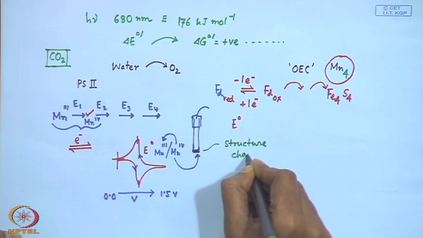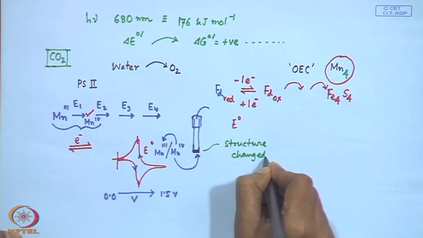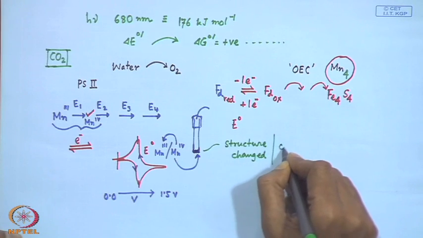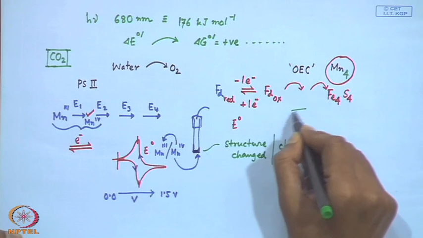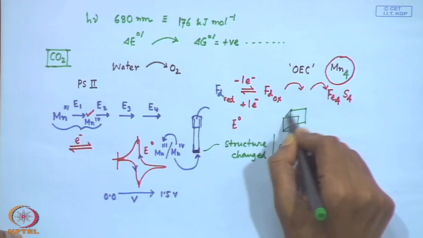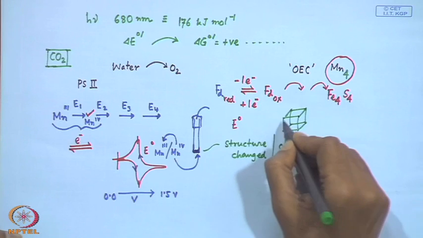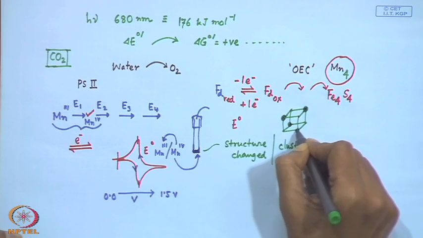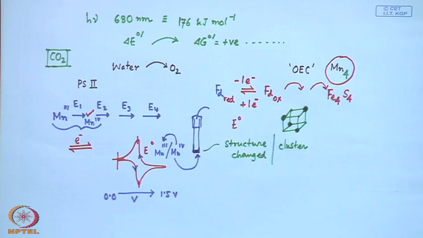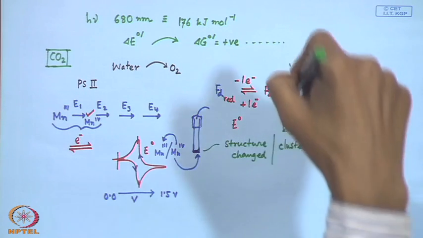It can have a chain structure if it is a cluster, a cube type of structure. Suppose it is a 4, it is very easy to put 4 of these metal centers like this, one here, one here, one here and one here. So, you have so many connectivities.